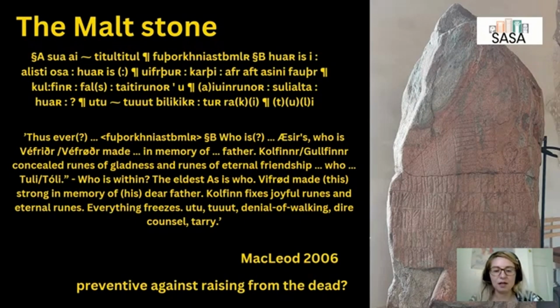And then the inscription is very, very unclear, because it appears that some of the letters are ututut, bilinkinger, and there is also a word turraki, which might have something to do with the previous stones as well.